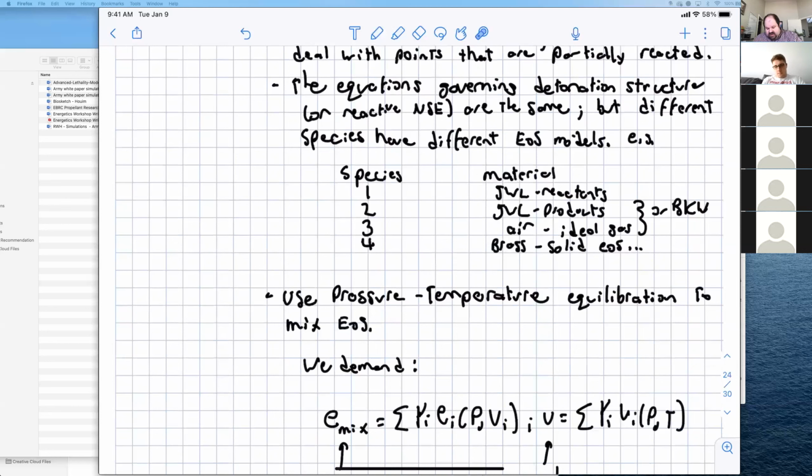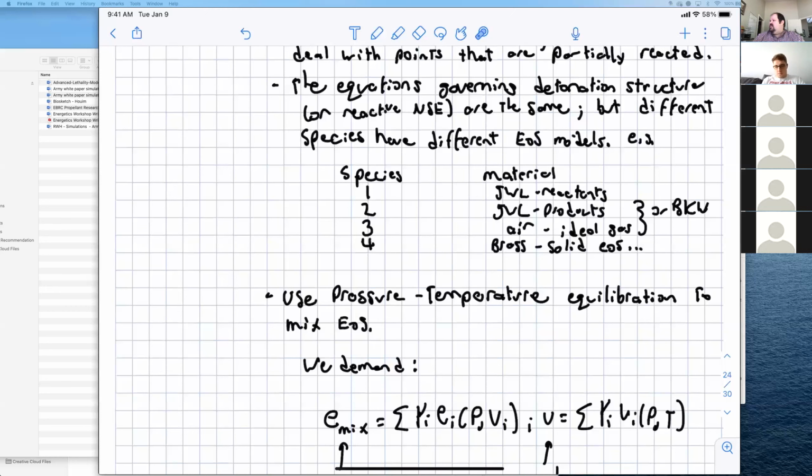So basically what you demand is that even though all of these different materials are present at the same point, just in different mass fractions, that all of the materials agree on what the pressure is. That is, all of the different materials have the same pressure.